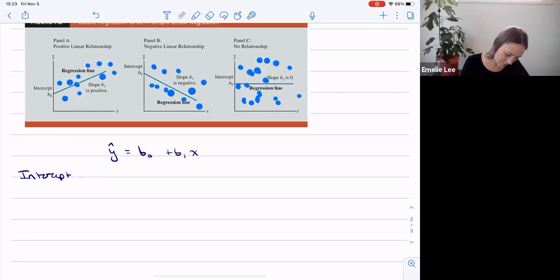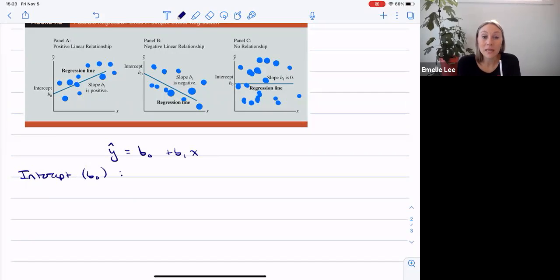So the intercept, which is b0, is going to be, by definition, the predicted value of y when x is 0. So just pretend that x is 0. And where is that? That's on the y-axis, and so that is the y-intercept. So by definition, the intercept is the predicted value of y when x is 0.